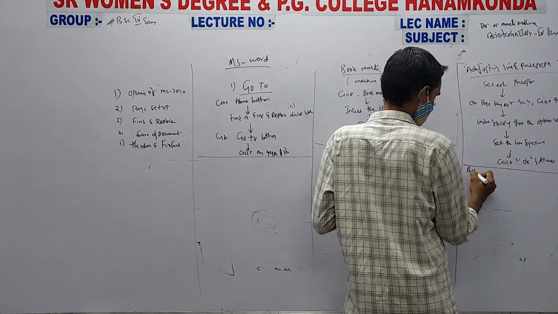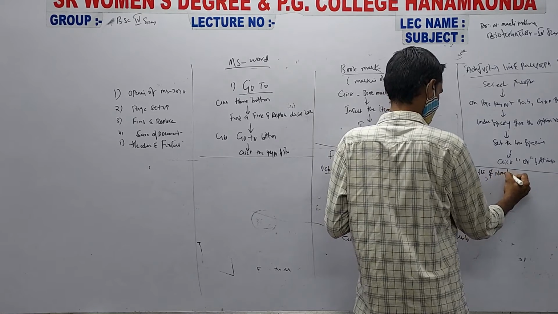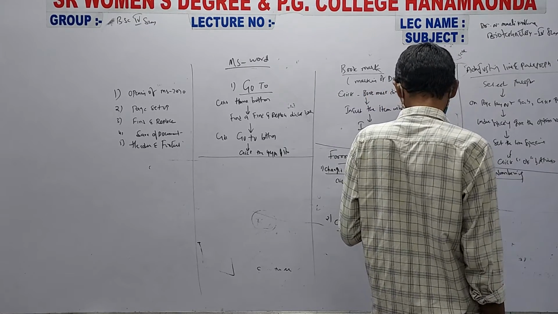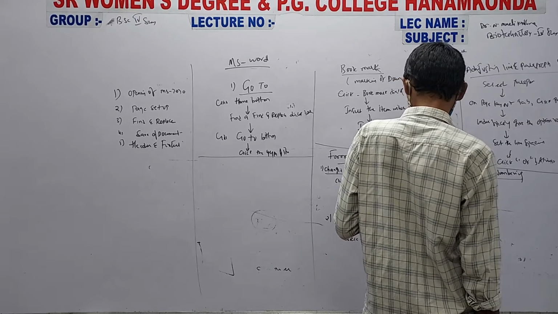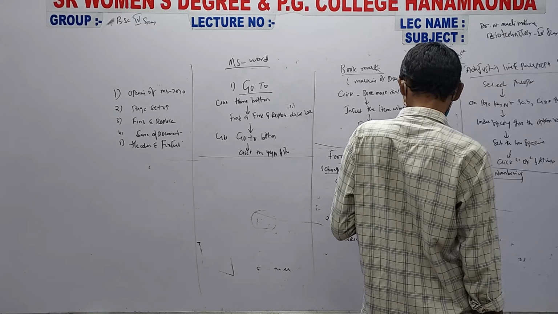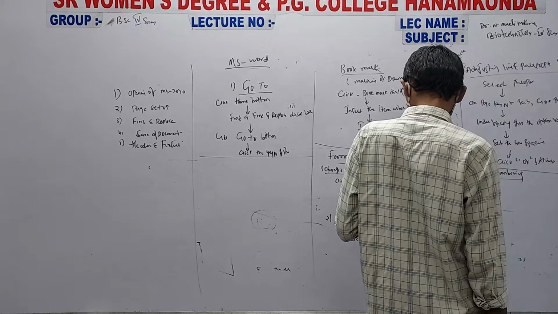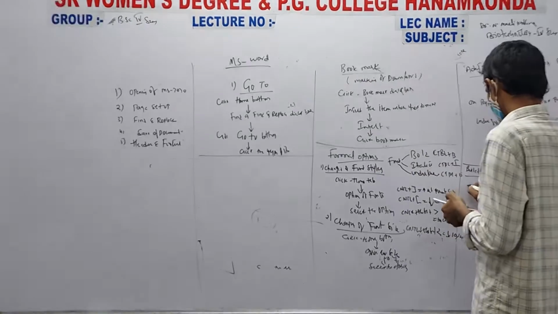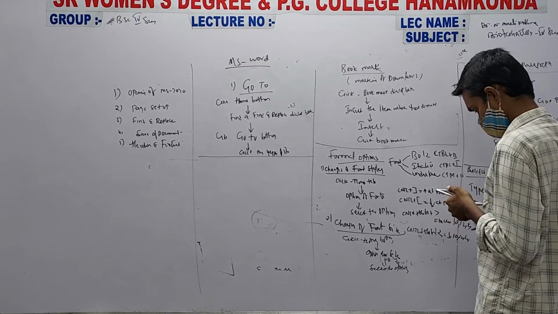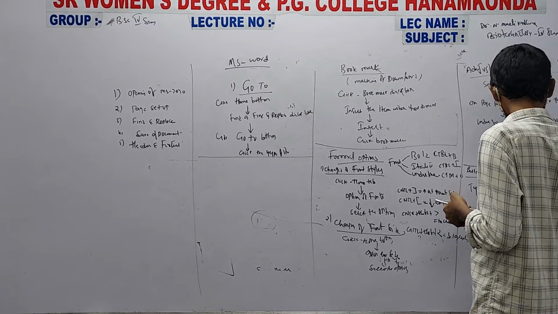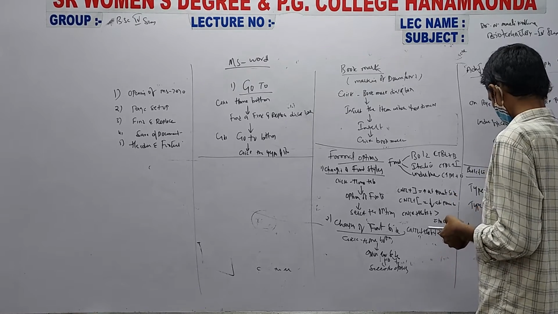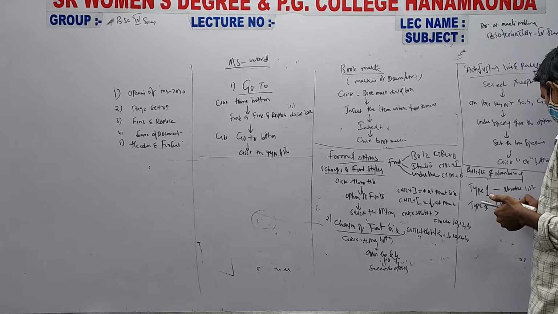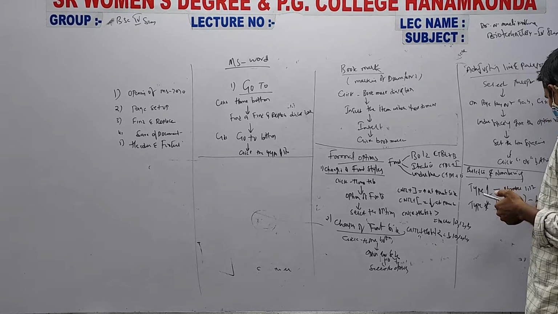Next, adding bullets and numbering. For this, type 1 for a number list, or type a star, which is called an asterisk, for a bullet list.